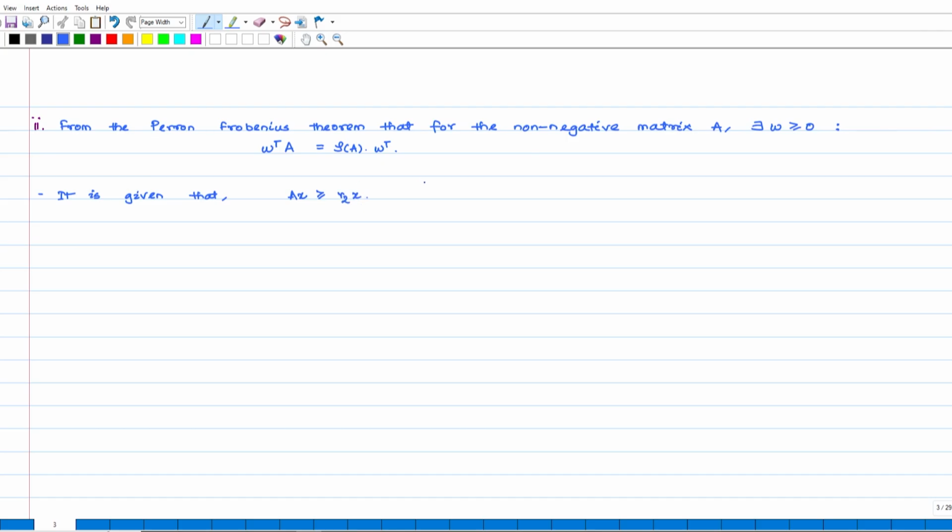Now, let us left multiply W transpose on both sides. What is given is Ax is less than or equal to R2 x. So, let us left multiply W transpose, which gives us this, R2 x. Now, the RHS simply can be rearranged as this.